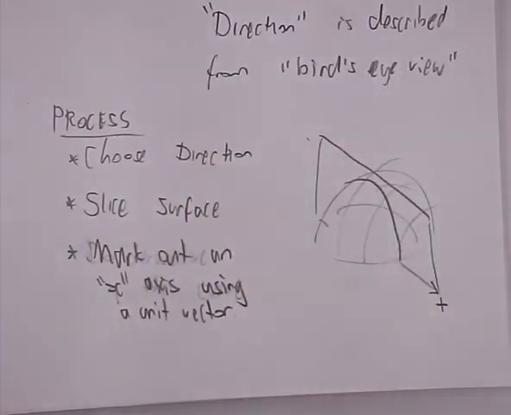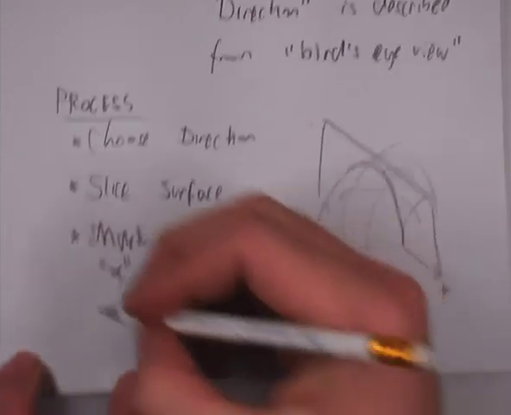So a unit vector is 1 long, and so it will properly mark the axis with length of 1, and so it will work properly. It won't be all squished up or spread out as it's supposed to be. And then once we've marked out the x-axis using a unit vector, we want to write the curve in terms of that x-axis, and then we do the derivative.